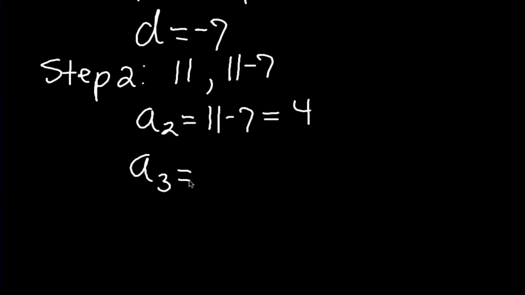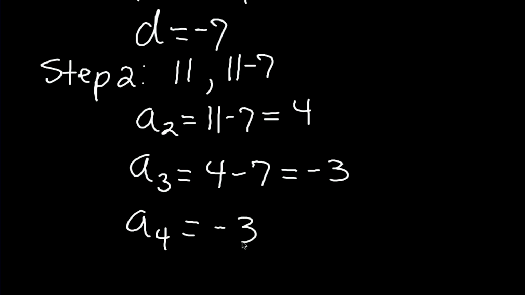A sub 3 is going to be my second term, 4 minus 7, which is a negative 3. And then I want to find the fourth term. So I take the third term, negative 3, and add the common difference to it. It was negative 7. Negative 3 minus 7 gives me a negative 10.